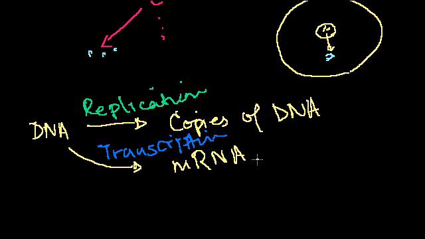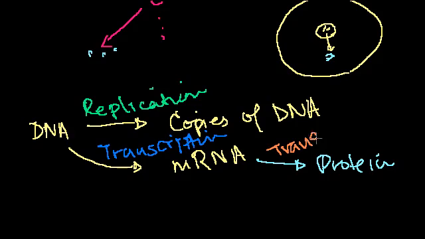So mRNA to protein is translation. You're translating from the genetic code, so to speak, to the protein code. These are just good words to make sure you get clear, and make sure you're using the right word when you're talking about the different processes.